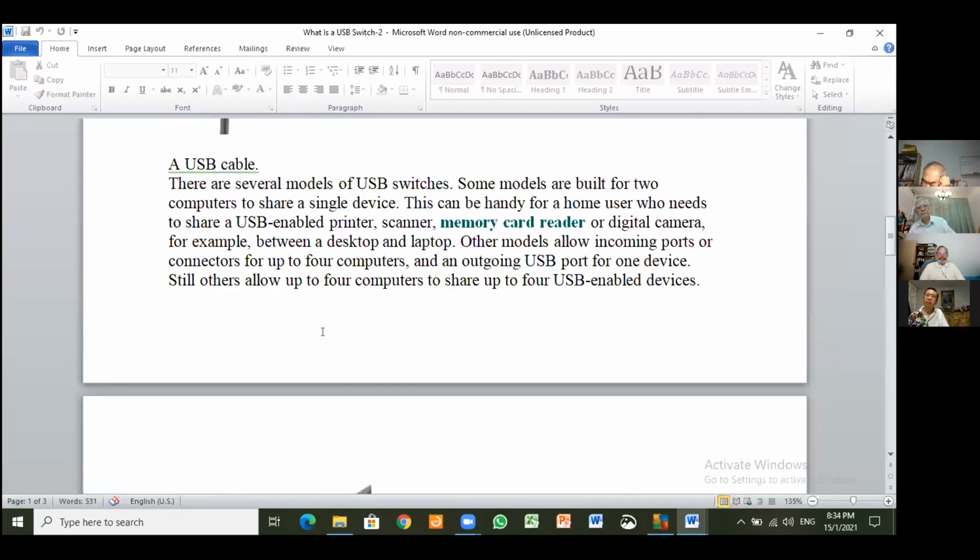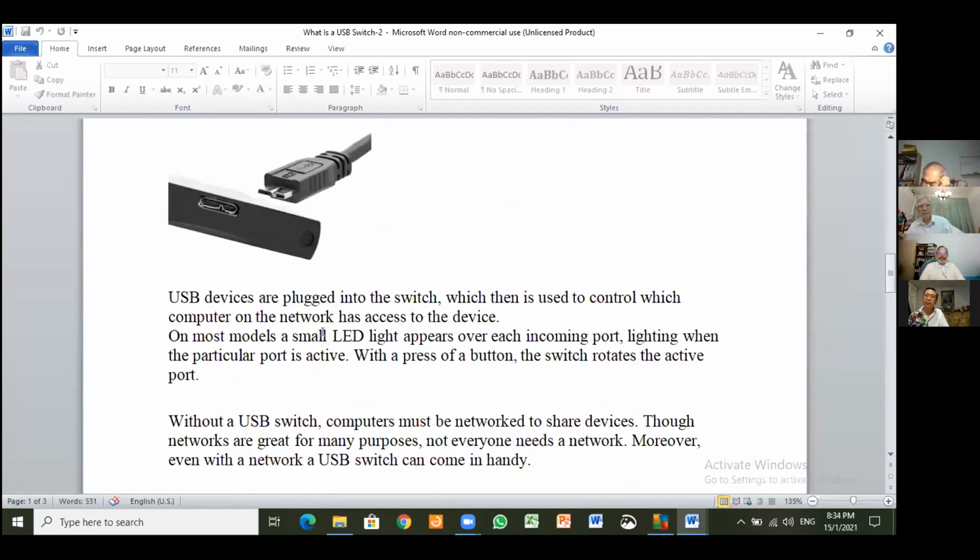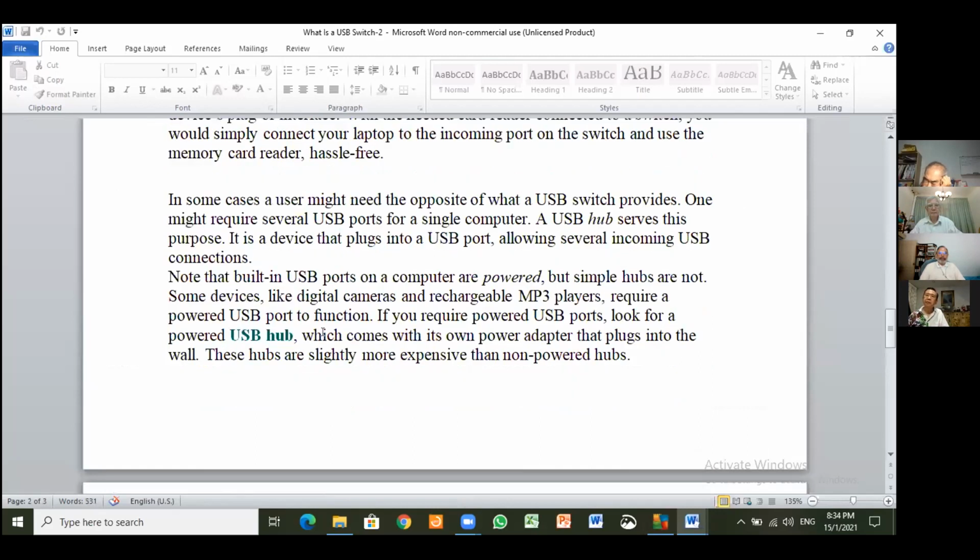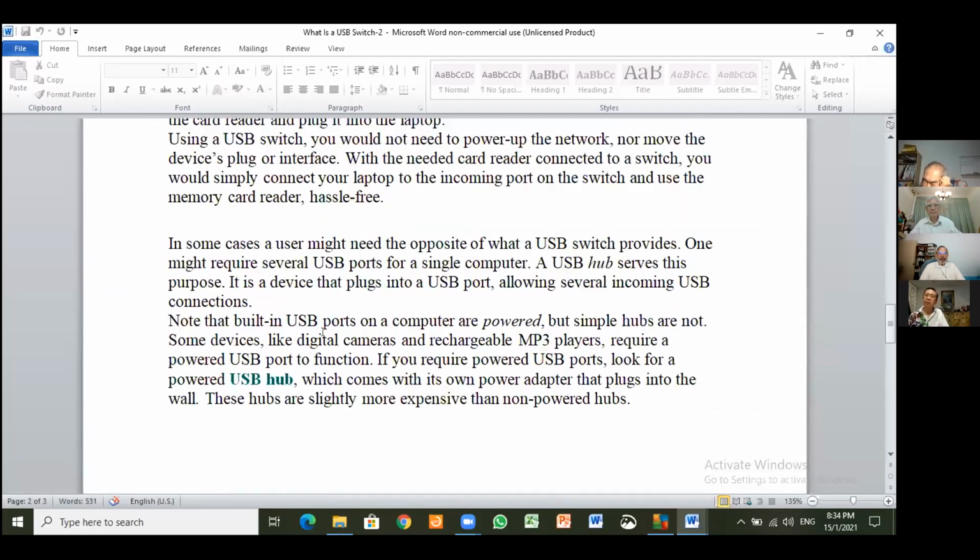So coming back, basically the switch provides what one might require: a USB port to a PC.